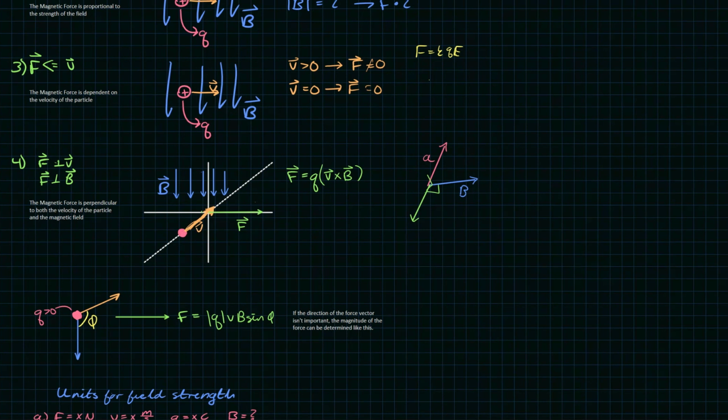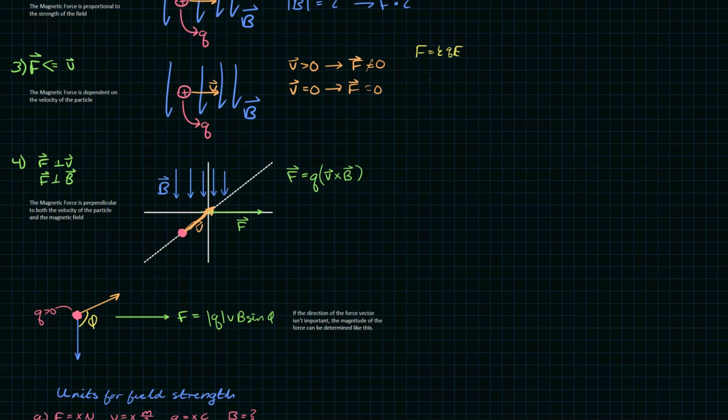This only applies for positive particles. If you have a negative particle, then the force will just be flipped. Don't try and use your left hand. It never works out quite the same. I also may have drawn that force wrong, but you get the idea.